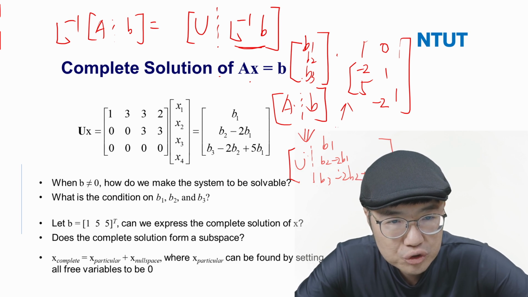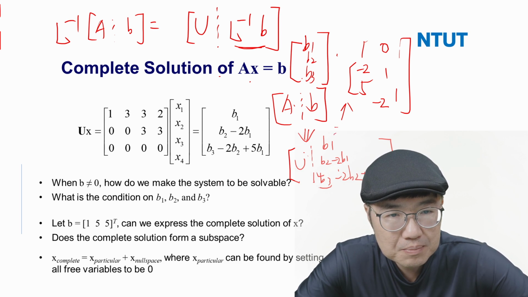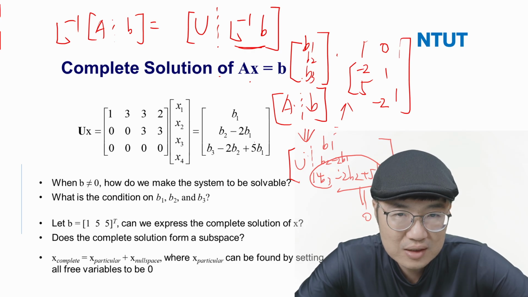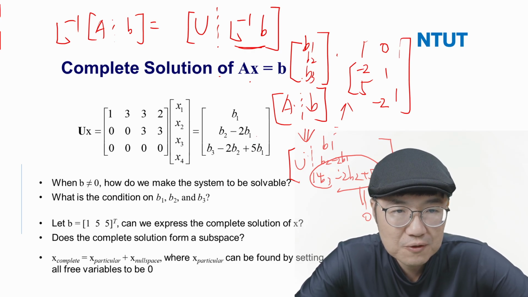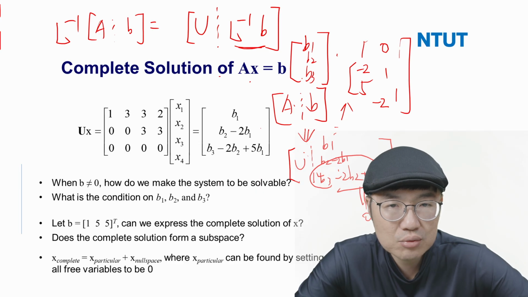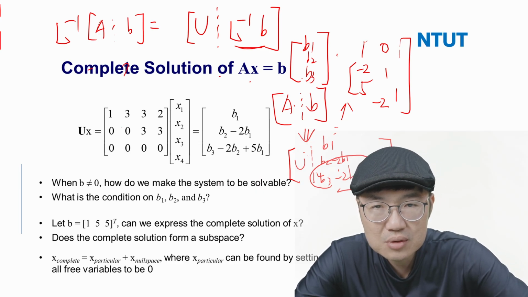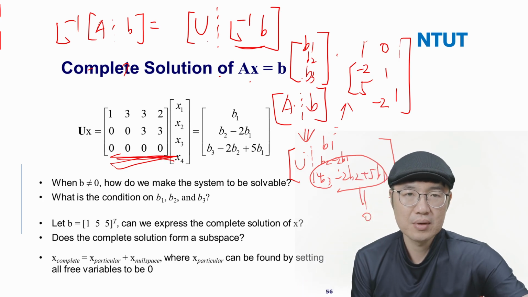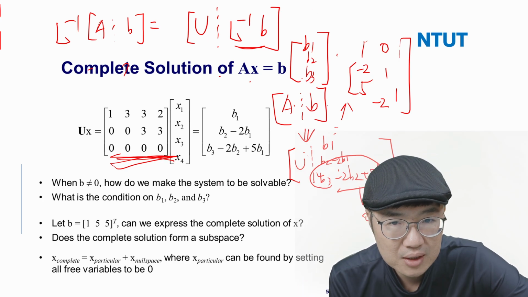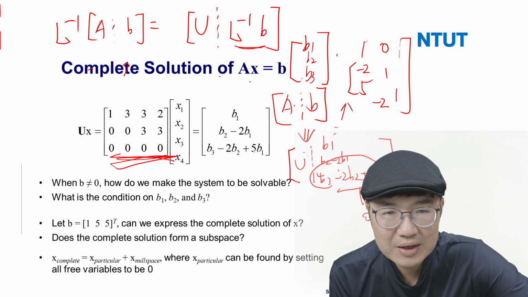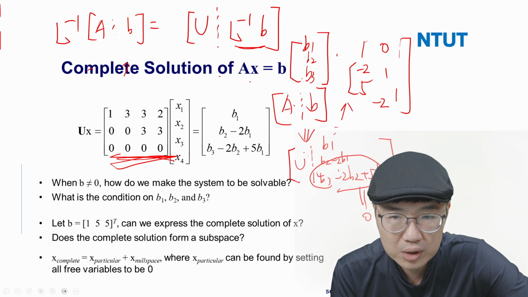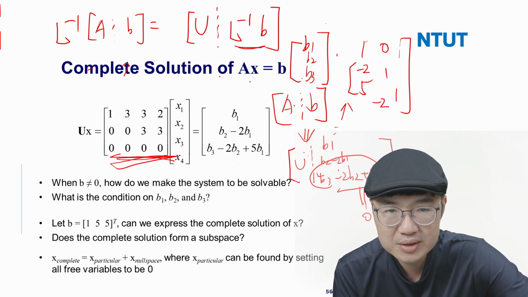An obvious choice is, once this guy is not 0, it's hopeless to get a solution. The interpretation for this right-hand side is 0x1 plus 0x2 plus 0x3 plus 0x4, which must be 0, of course. Yeah. So consider 1, 5, 5. Yeah, it can make this work. The right-hand side will be 0.